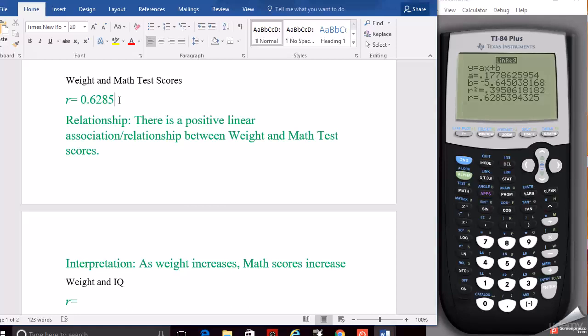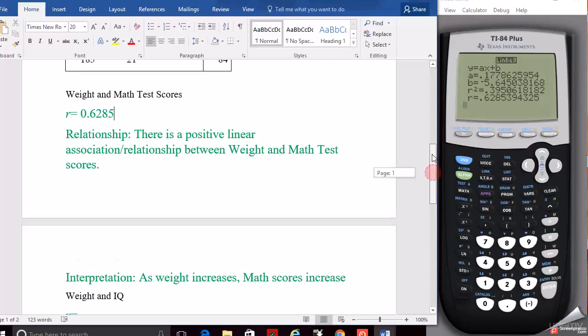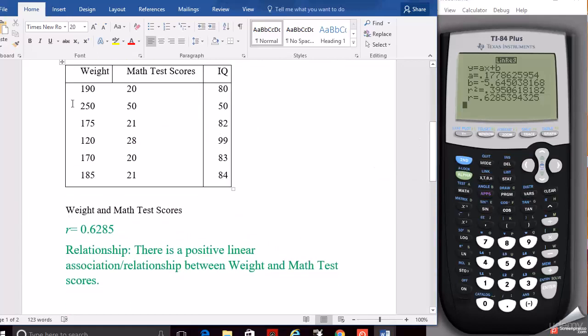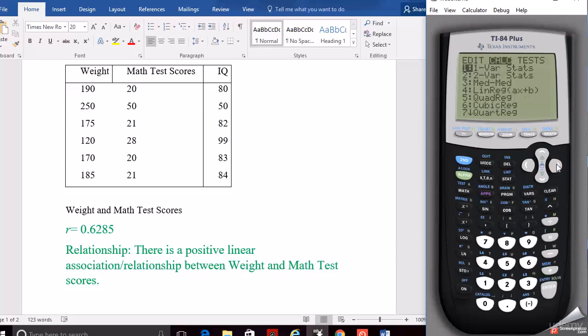So we're going to go next to look at the relationship between weight and IQ, weight in L1 and IQ in L3. So we'll go back to stat and go to calc and select number 4 again. Because we are looking at weight and IQ, we are talking about L1 and L3.